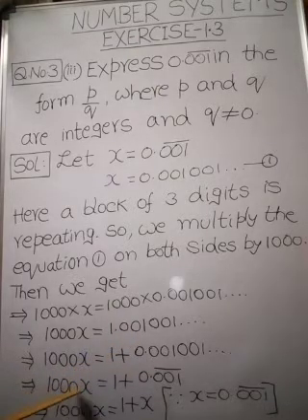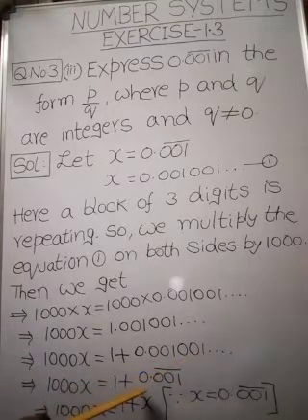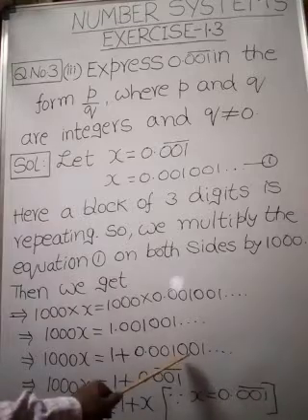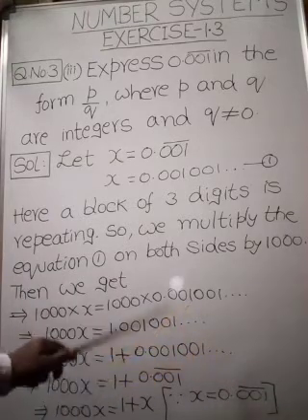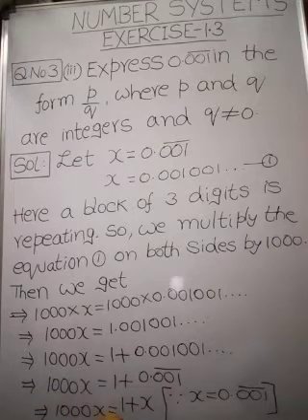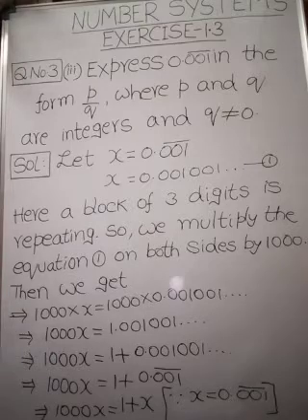This implies 1000x is equal to 1 plus this number can be written as 0.001 whole bar because 001 is repeating infinitely many times. Understood this step? Right. This implies 1000x is equal to 1 plus x, because x is equal to 0.001 whole bar. Understood this step, my dear children?